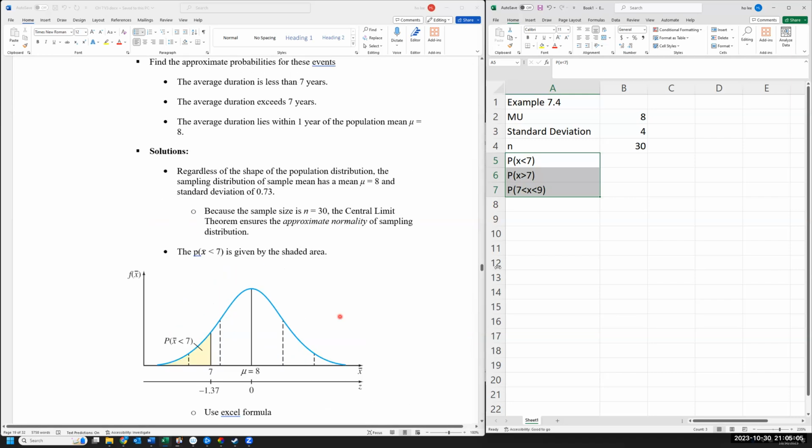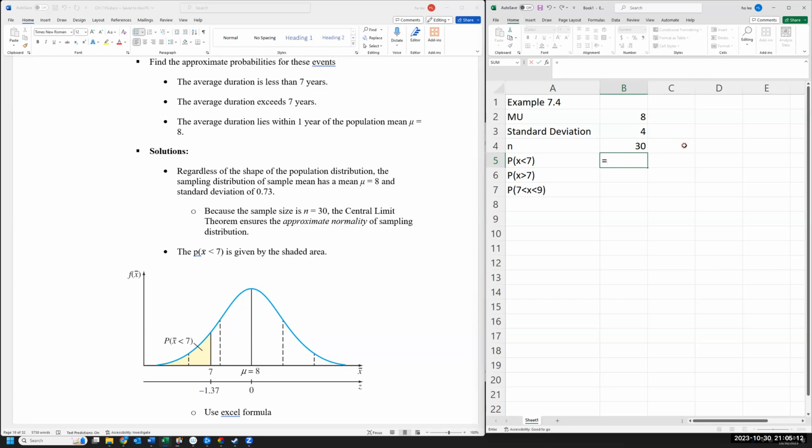This is normally distributed, so all we have to do is apply the normal distribution formula. And in Excel, that's norm.dist. Because we want to find the area of the shaded region, it's the cumulative. So we want the cumulative from the extremely small all the way up to 7.